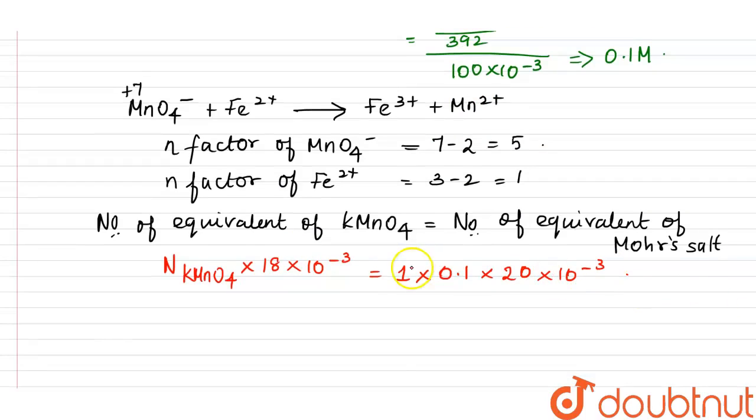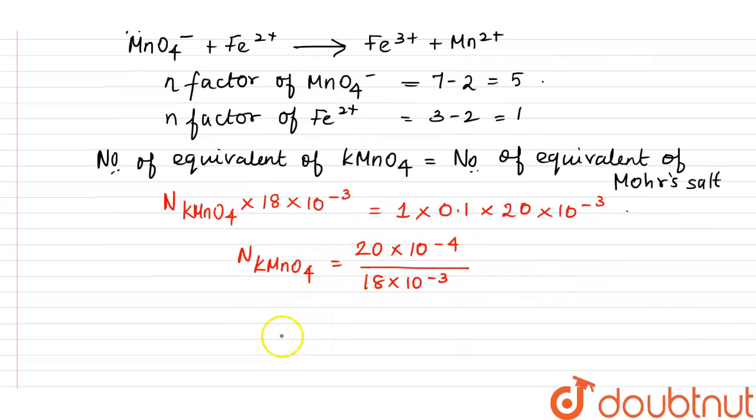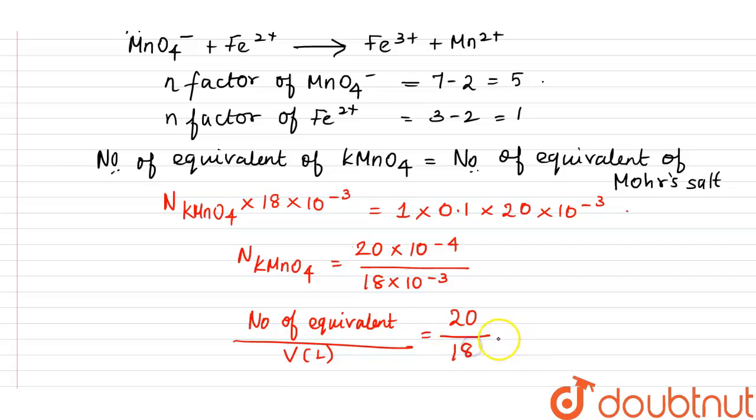So this is the N factor, this is the molarity. The normality of KMnO4 will be equal to 20 into 10 power minus 4 divided by 18 into 10 power minus 3. So the number of equivalents divided by volume in liter will be equal to 20 divided by 18 into 10 power minus 1.